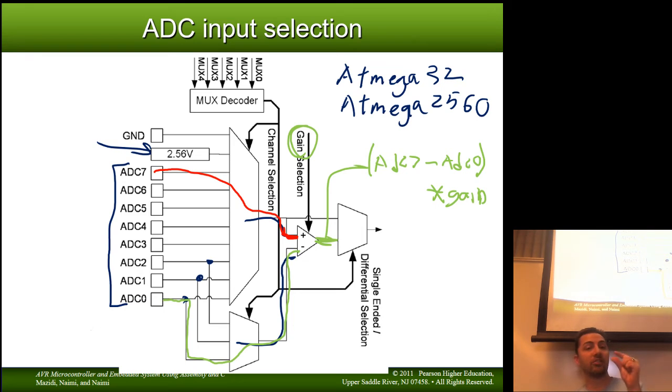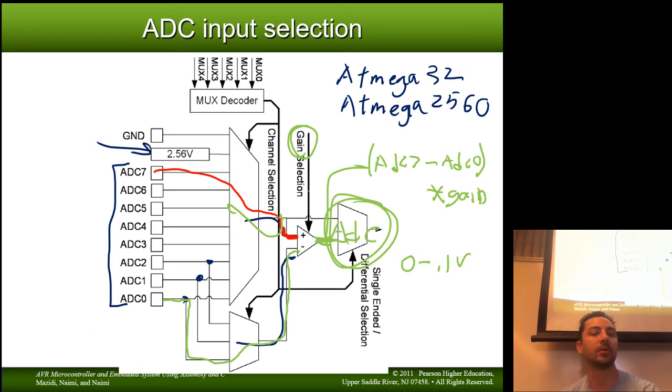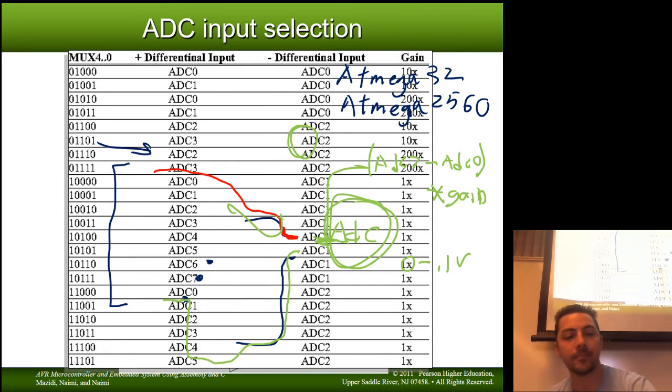So you'll take that small voltage and you'll apply a large gain before it goes into the ADC. So suppose you're only getting 0 to 0.1 volts drop. You could apply a gain of, well, what are our optional gains here?